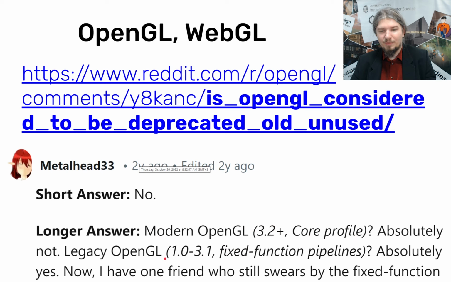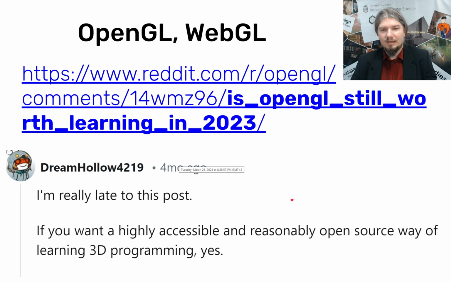But yes, the legacy OpenGL 1 to 3.1 fixed function pipelines, that certainly is. There is an even more recent thread that asks, is OpenGL still worth learning in 2023? And one of the answers is that if you want a highly accessible and reasonably open source way of learning 3D programming, then yes. And this is why we're using it in this course.